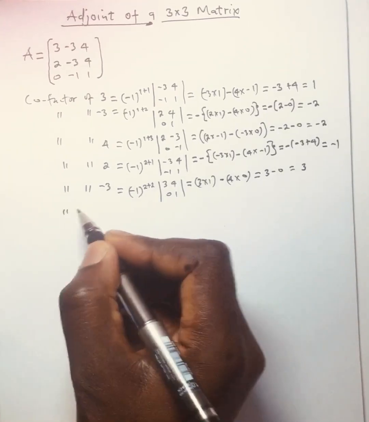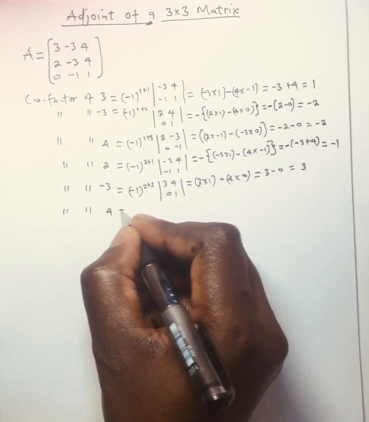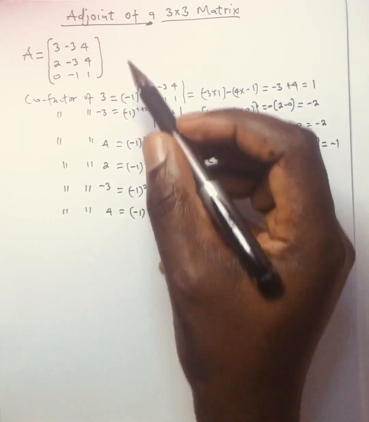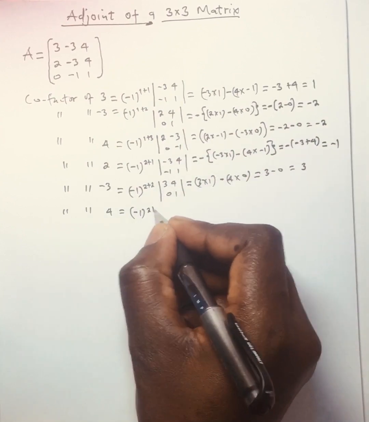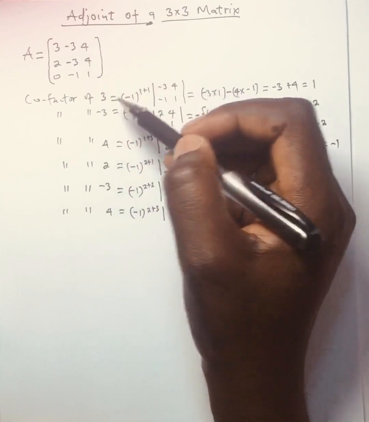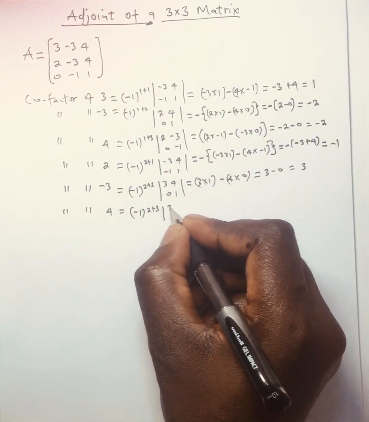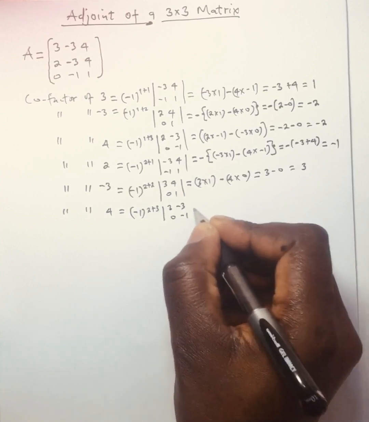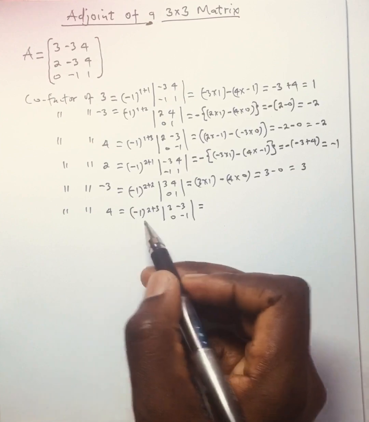Then the cofactor of the next one, which is 4. Negative 1 raised to the power of its position: 4 is in row 2, column 3, that is 2 plus 3. When you cover its row and column, you're left with 3, negative 3, 0, negative 1. Because the power is odd, the negative will hold.